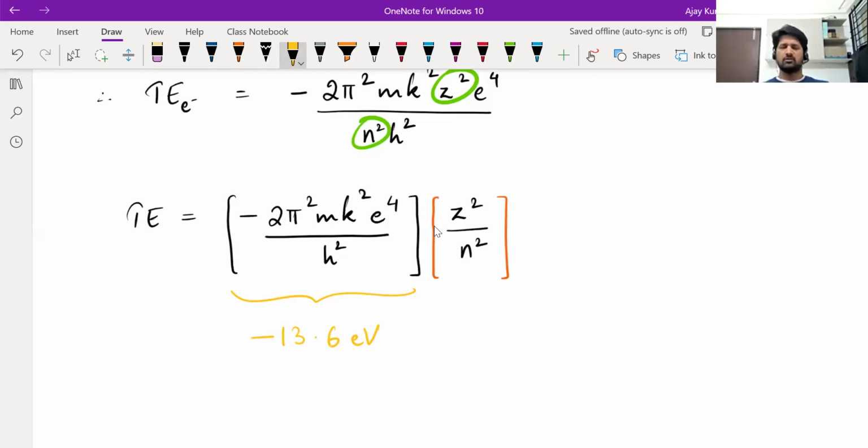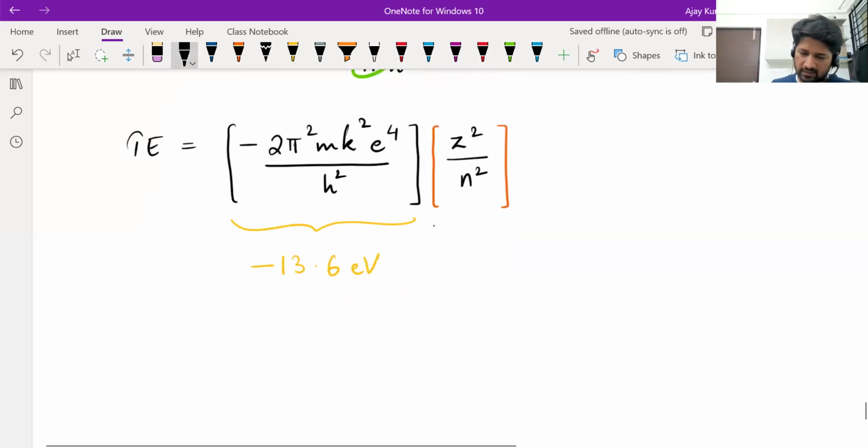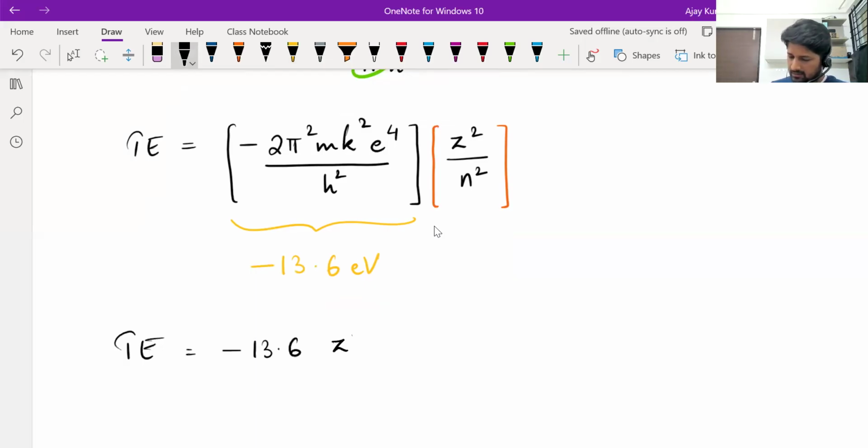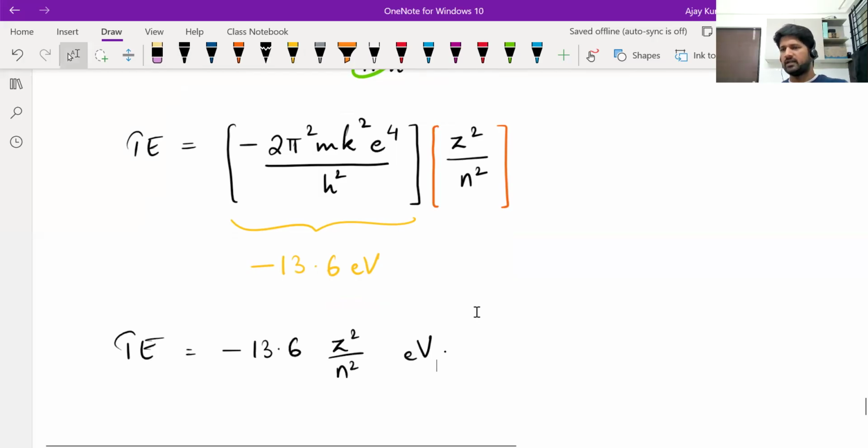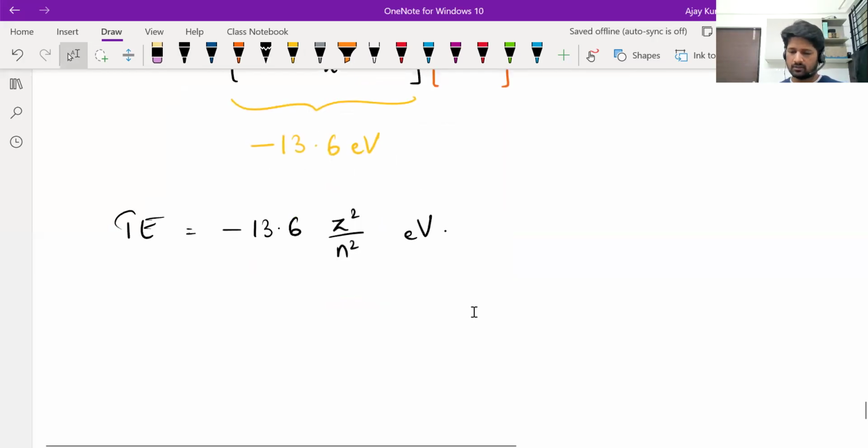Okay, we discussed this unit of energy, electron volt, in the last chapter also. So the total energy of an electron in the nth orbit can be expressed as minus 13.6 z square by n square in electron volts. Simple formula. And again, this is valid for a single electron species only. Okay.